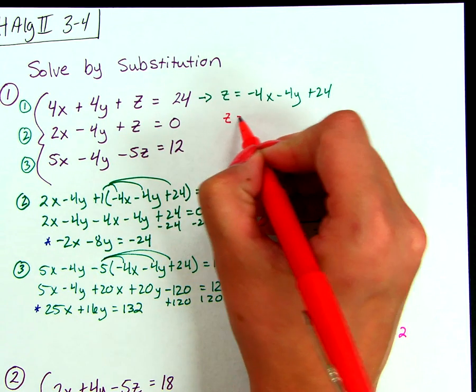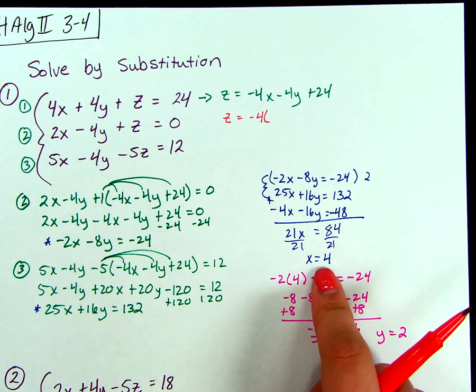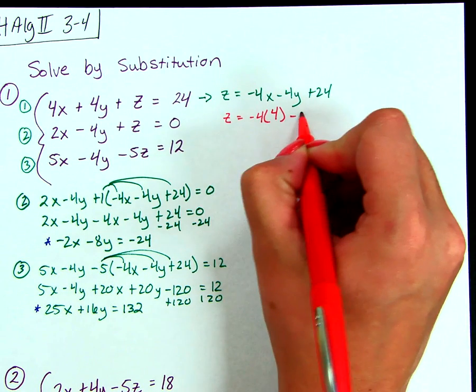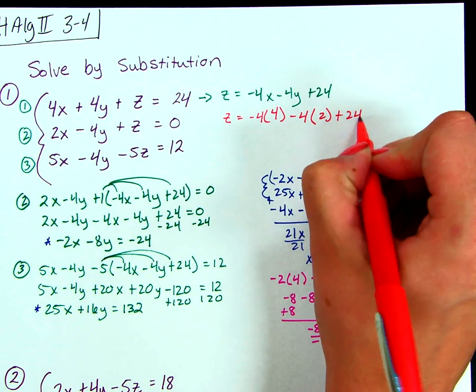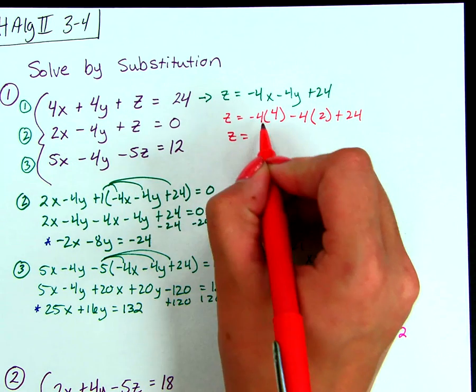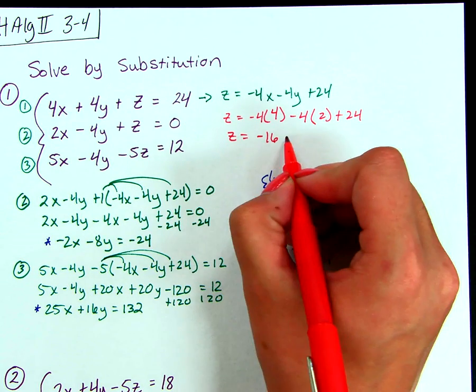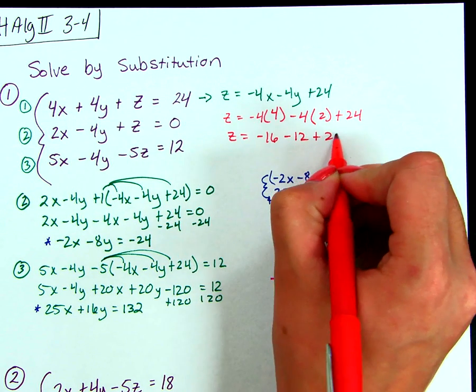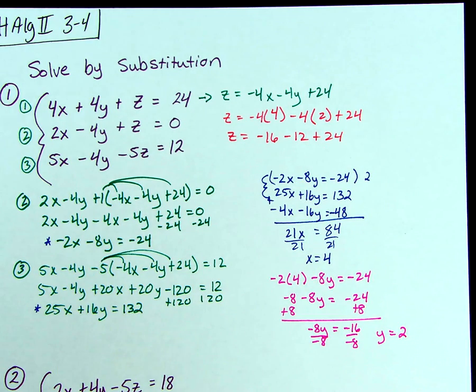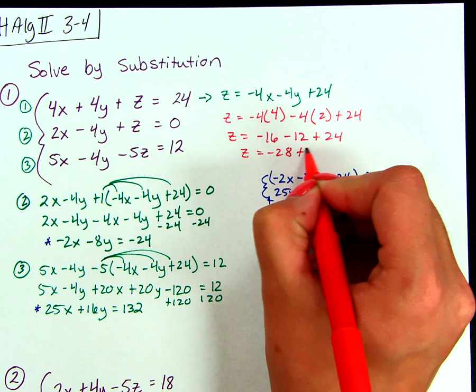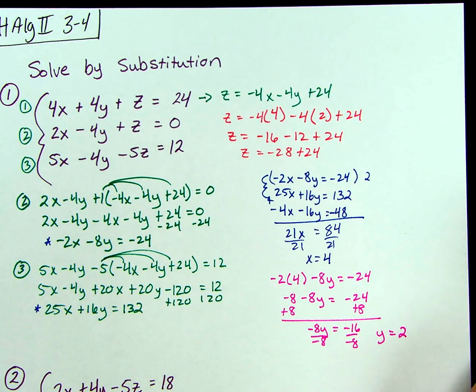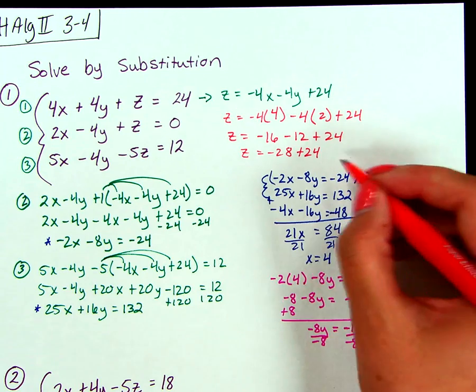So z equals negative 4 times 4 minus 4 times 2, and then plus 24. Negative 4 times 4 is negative 16, minus 12 plus 24. If we start combining those, negative 16 minus 12 is negative 28, and then plus 24 would be negative 4.